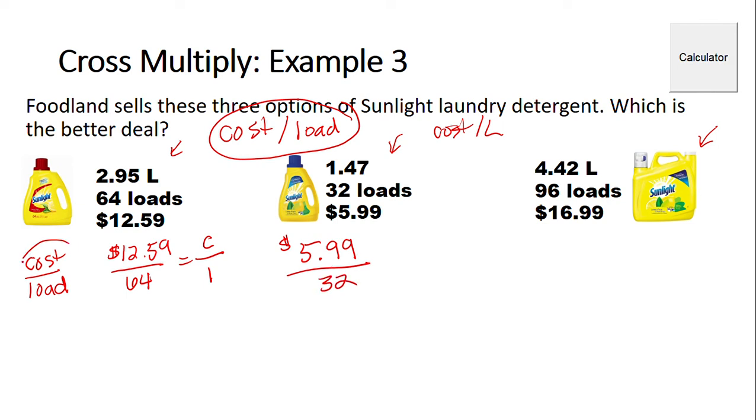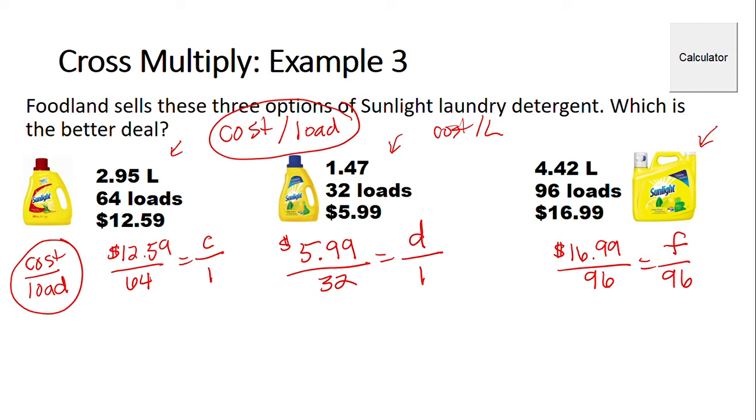And let's use D for 1. And then we're going to do $16.99 for 96 loads. And let's do F for 1. I just want to find out how much it costs for 1 load of laundry for each one of these jugs. You would think it's the same, but manufacturers often don't do that.